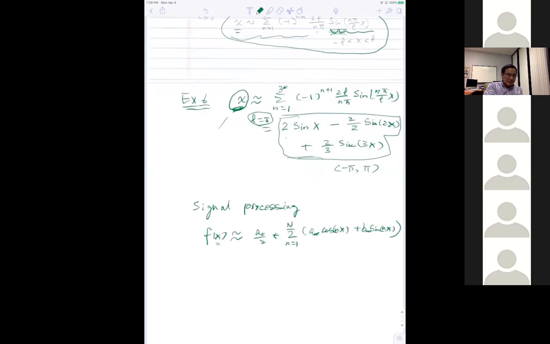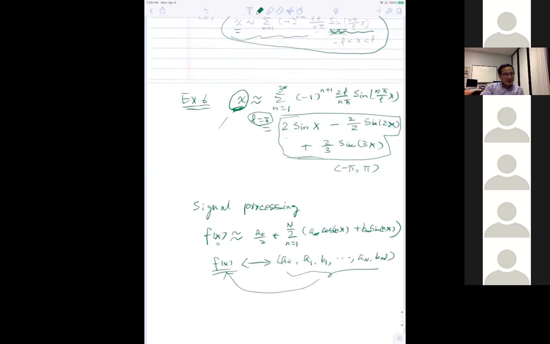Then the information about f(x) can be stored with these Fourier coefficients, a_1, b_1, up to a_n, b_n. This information is enough to characterize this function f(x).